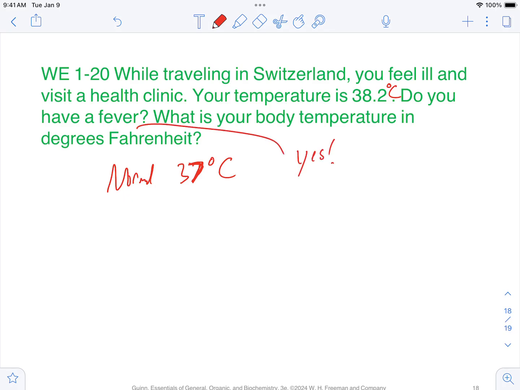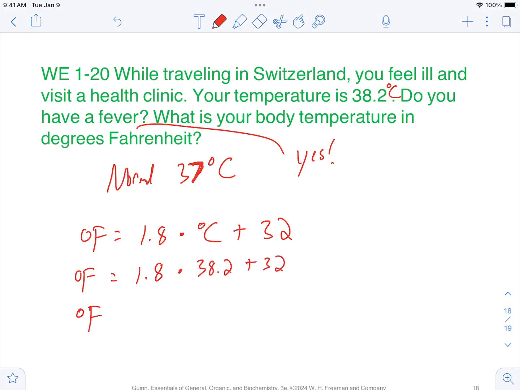And then what is your body temperature in degrees Fahrenheit? We will use our formula here. And we're going to plug 38.2 in for Celsius. Order of operations.